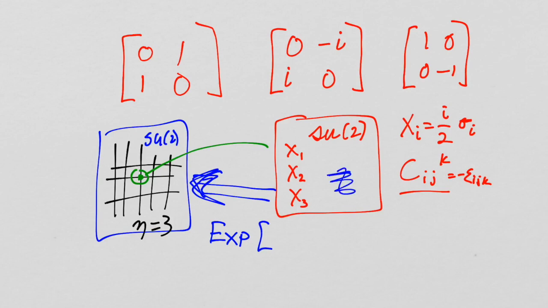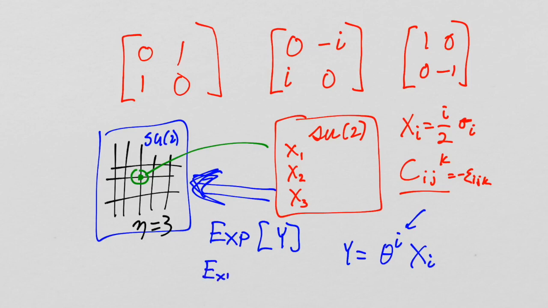I guess we're calling it M now, but M was infinitesimal, so let's not use M. Let's use Y, where Y equals any parameter value theta_i x_i, where that no longer has to be infinitesimal.